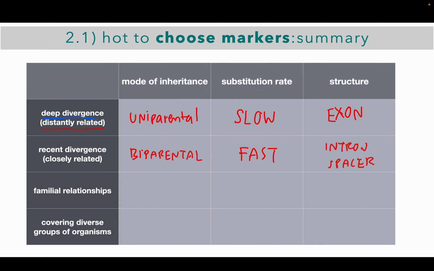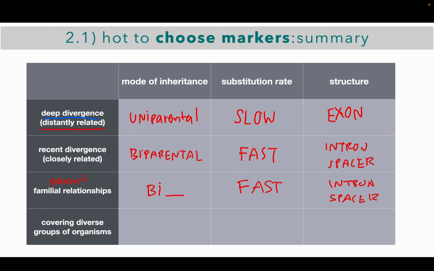If you want to study family, you want to know who your parents are, very close, who's a dad, who's a mom, then you need uniparental or biparental? You need biparental. And then, of course, the biparental usually evolves fast, and you probably need intron or spacer to do that.